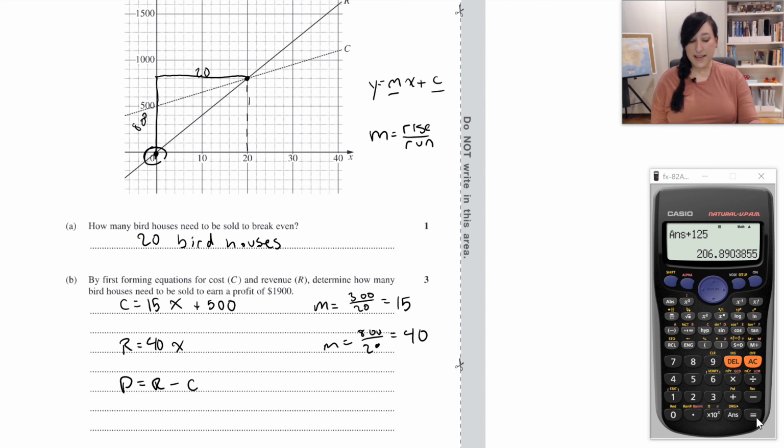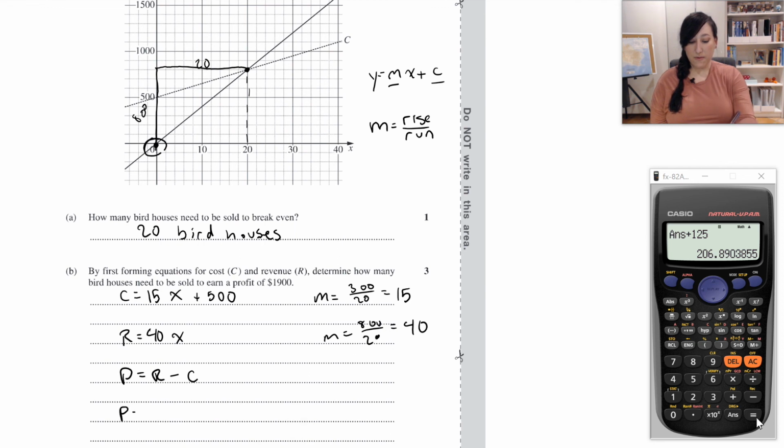So that means that profit would be revenue, as in 40x, minus our costs, which is 15x plus 500. It's important for me to write brackets around where I put the cost equation, because there's 2 terms there to be subtracted.